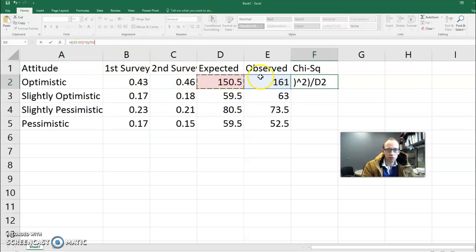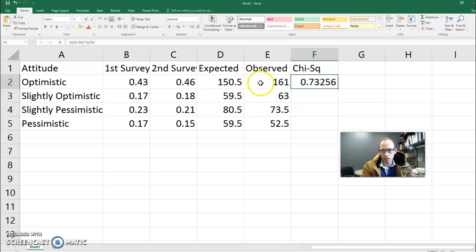So observed minus expected, that quantity squared, divided by expected. Make sure you watch those parentheses closely. You may even try it in your own spreadsheet with the numbers that I have here, just to make sure you get that formula right.